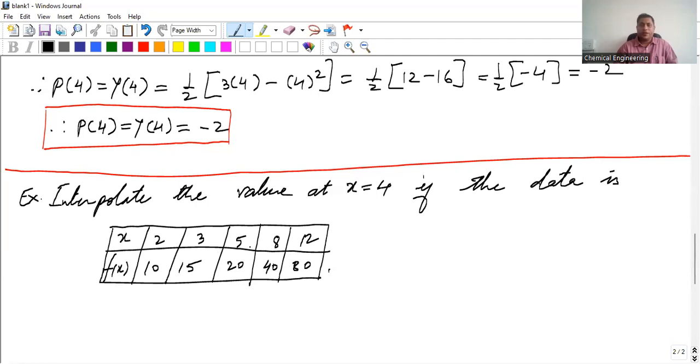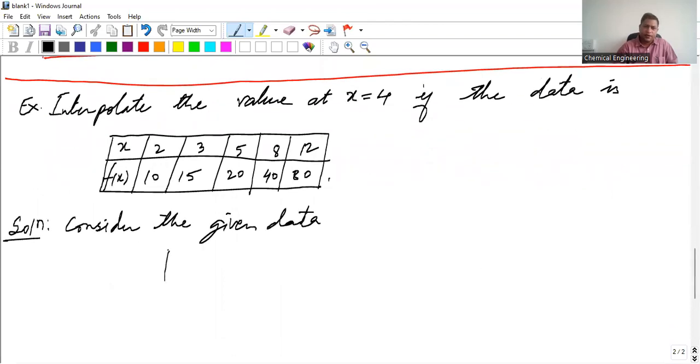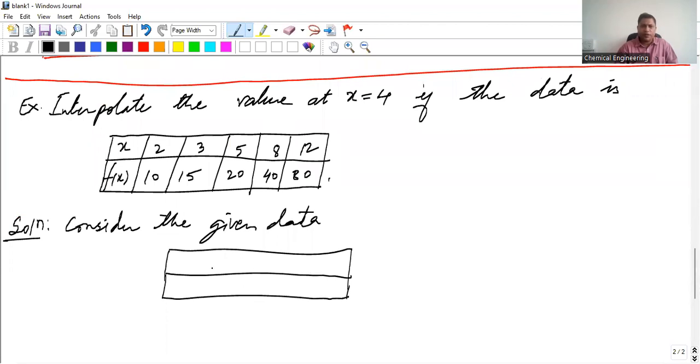Now here we have to decide which formula we should use. So look at the data and tell me what formula you need to use. Lagrange's interpolation. Correct. Consider the given data. Always write the given data so it justifies why you have chosen the particular method, or you need to mention the method.